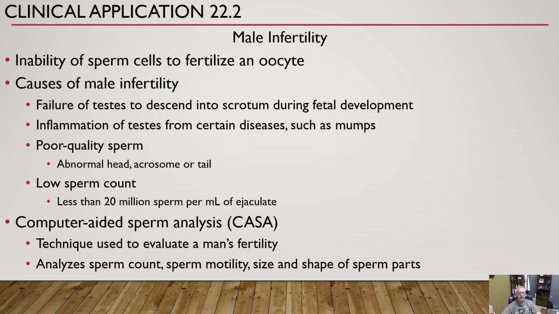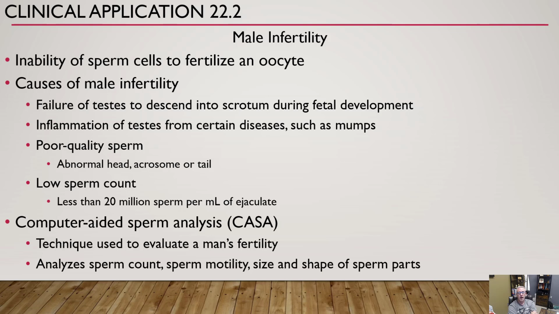Male infertility. Basically, there are several definitions of male infertility. Inability of sperm cells to fertilize an oocyte. It could be because the testes never descended. It could be the testes descended too late, and the temperature change caused the sperm to be non-functional or non-motile.